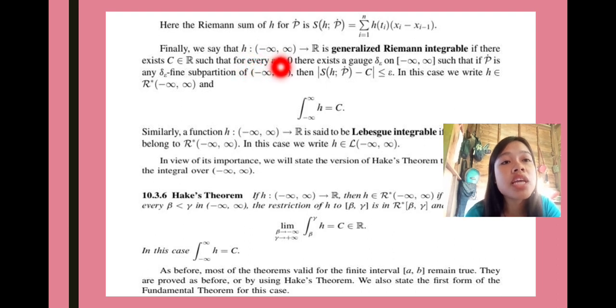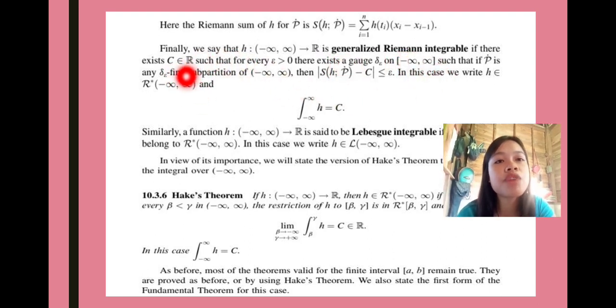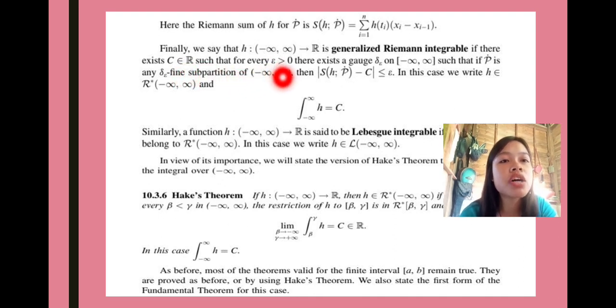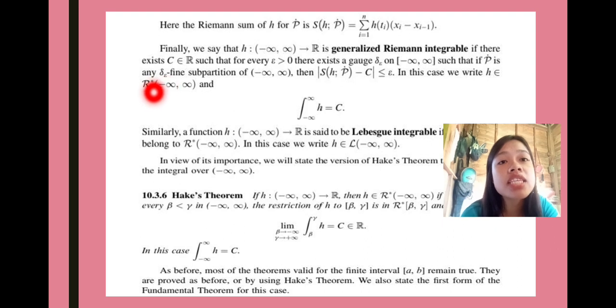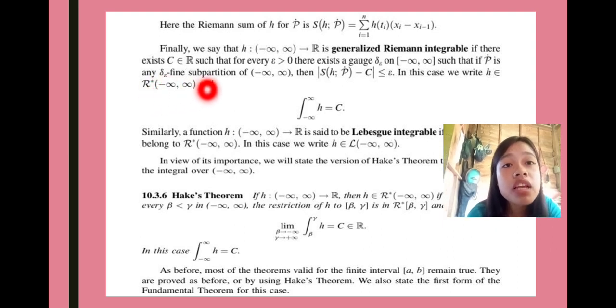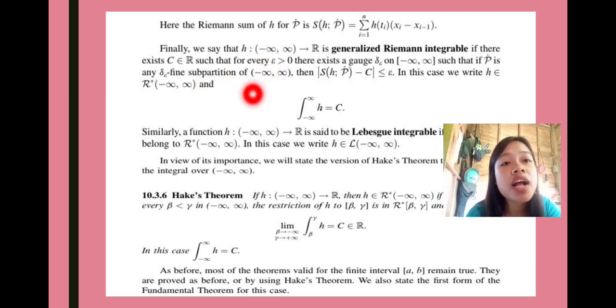generalized Riemann integrable on (-∞, b] if there exists C, an element of the real numbers, such that for every epsilon greater than 0 there exists a gauge delta_epsilon on the interval (-∞, b], such that if the partition is any delta_epsilon-fine tagged partition of the interval (-∞, b], then the absolute value of S(h; partition) minus C is less than or equal to epsilon.